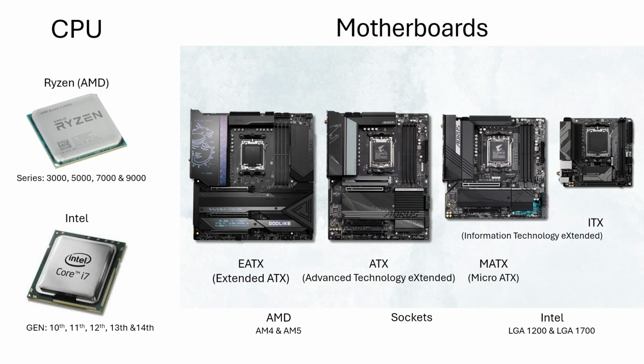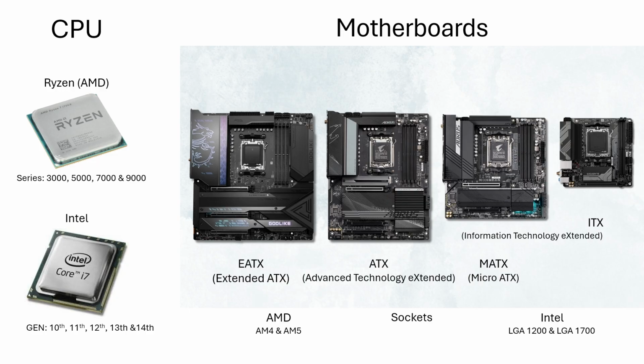LGA 1700 can use 12th gen, 13th gen, or 14th gen. You can use three different generations in one socket for Intel. That's the reason I would always recommend 12th, 13th, or 14th gen, because with an LGA 1700 socket, you're given a huge range of upgrade ability for your CPU compared to Ryzen, where they only have two series for one socket type.